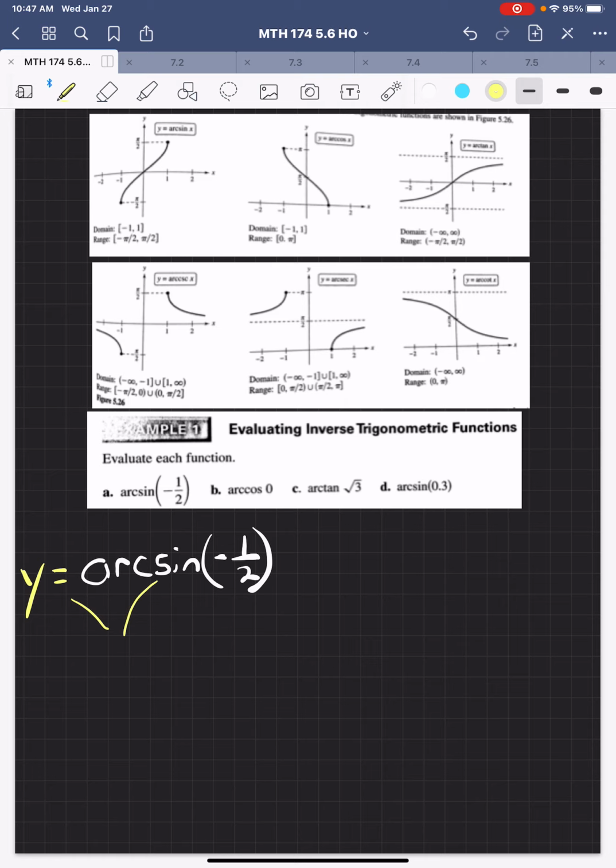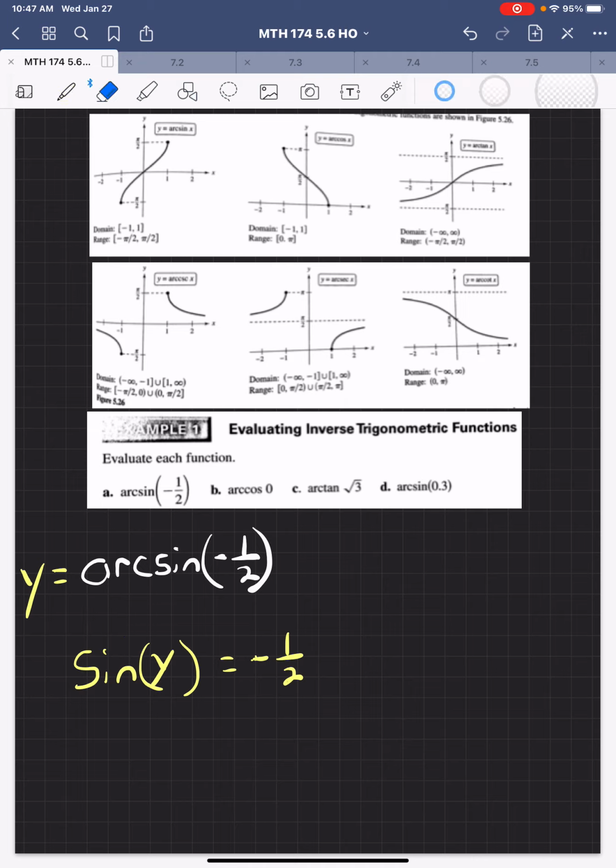That would mean sine of something equals what? Remember, the domain and range switch. Since inverse sines give you angles, we're going to place our y here. So sine of some angle, we don't know what that is, is equal to -1/2.